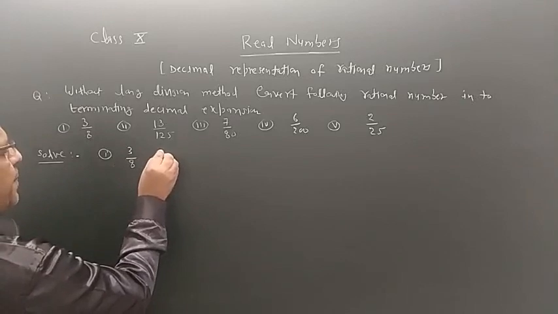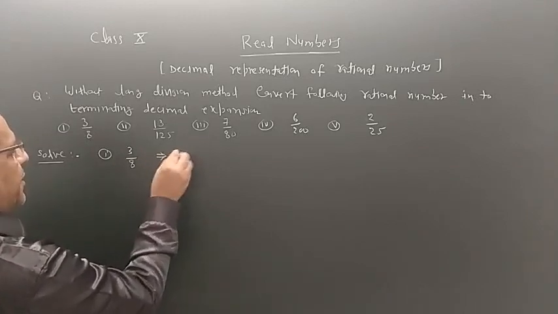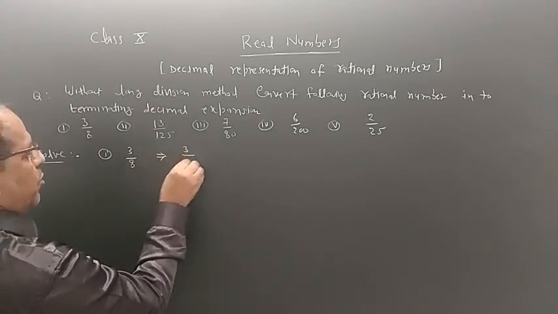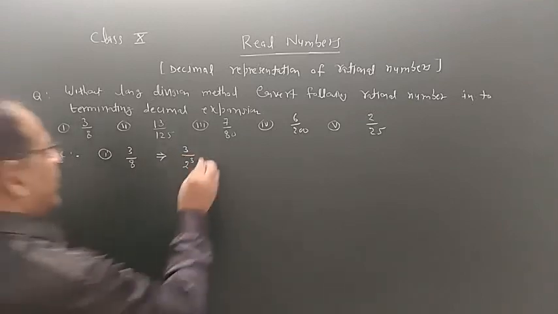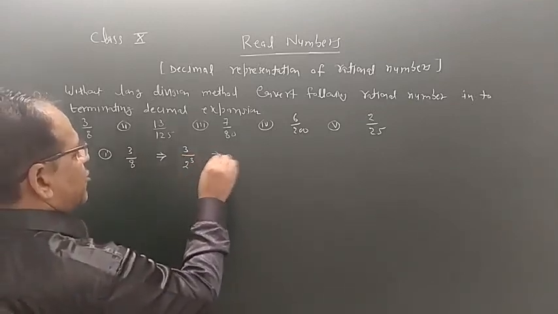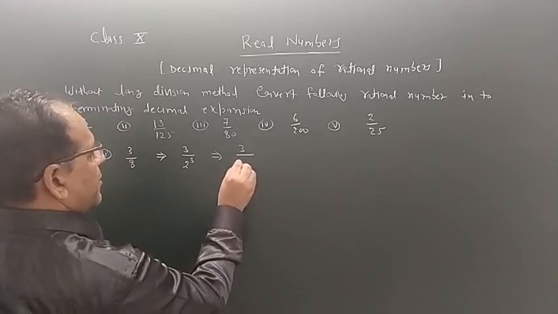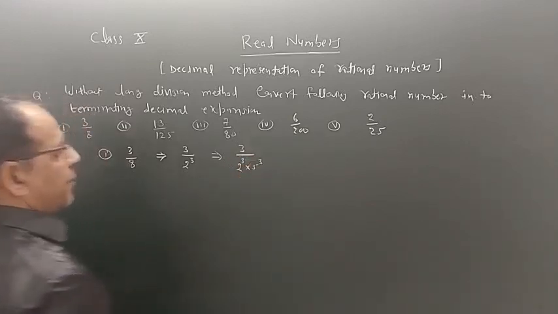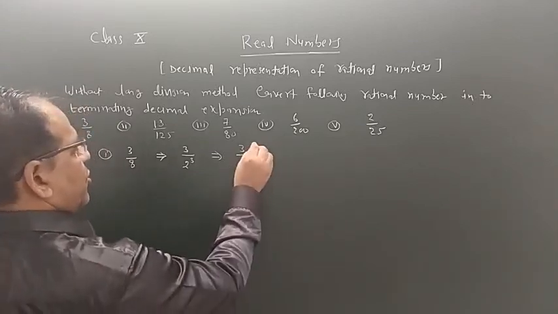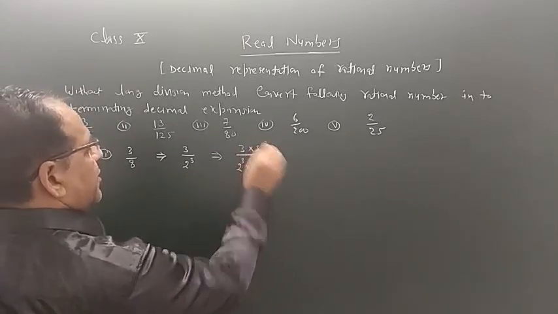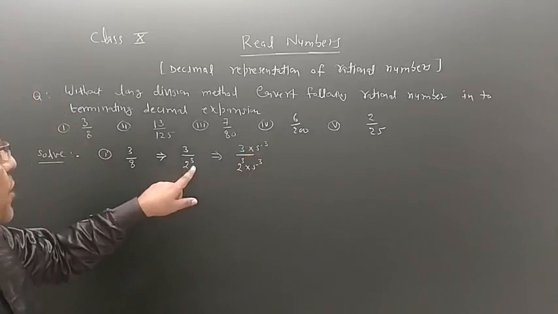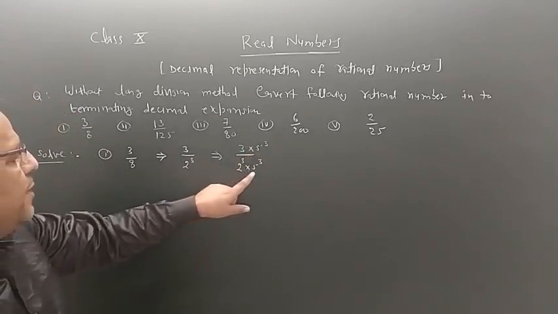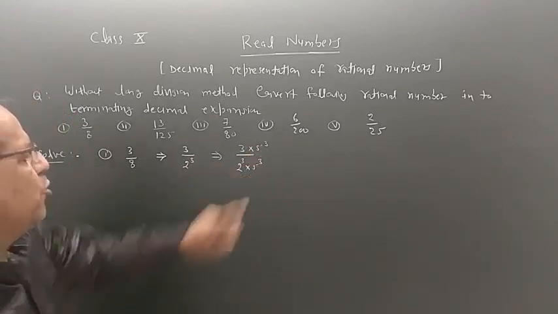This can be written as 3 upon 2 to the power 3. In such a way, only 2 to the power 3 is available, so we multiply by 5 to the power 3 in numerator and denominator.